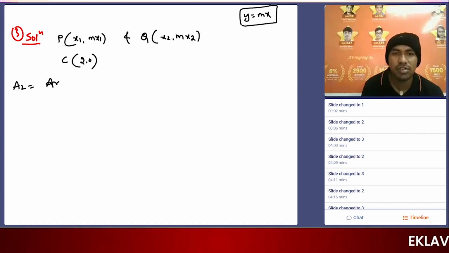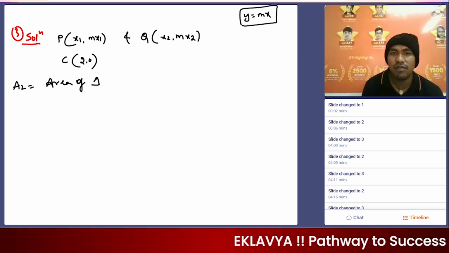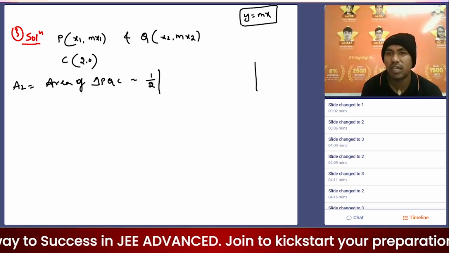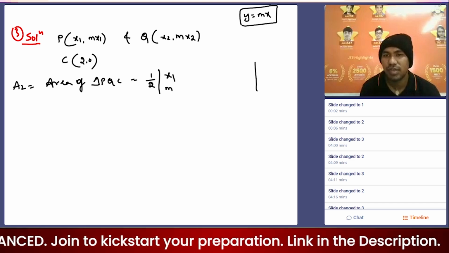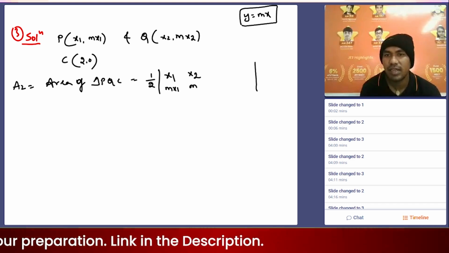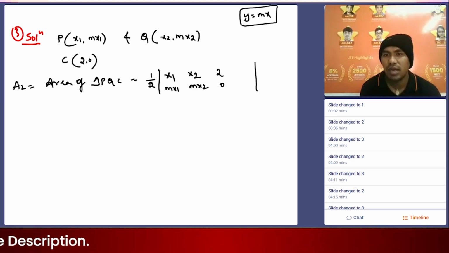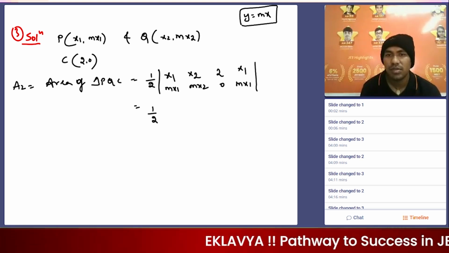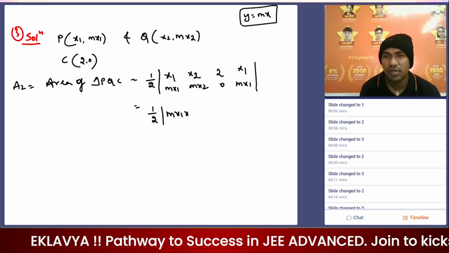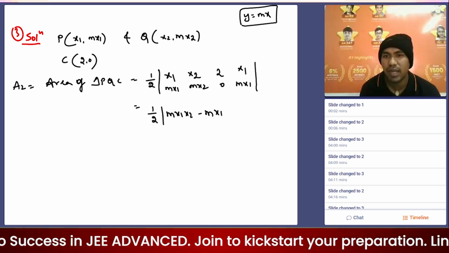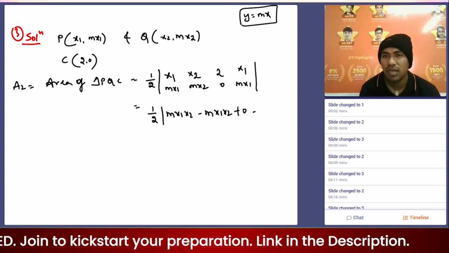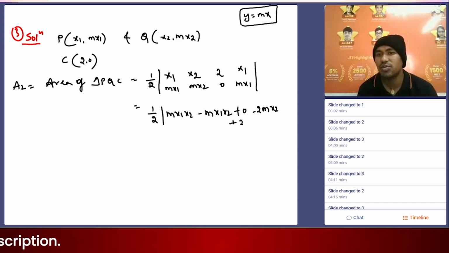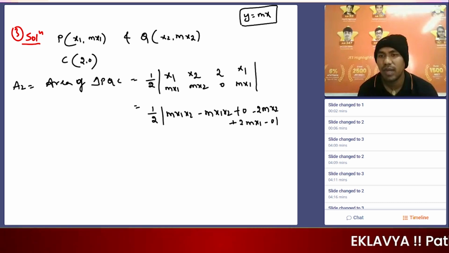Now, A2 is equal to what they given? It is the area of triangle PQC. So which is equal to 1 by 2 times, again with vertices (x1, mx1), (x2, mx2), (2, 0), and again (x1, mx1). So 1 by 2 times of mx1x2 minus mx1x2, plus 0, minus 2mx2, and plus 2mx1, and minus 0.